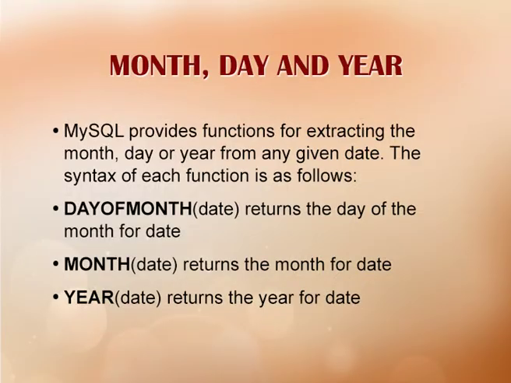In order to extract the month, day and year from the existing values: suppose the date is given in one of the fields, like the date of joining, date of retirement or date of submission. If the date is given in the table as one of the columns, then from that particular date we can extract the day, the month and the year in order to work with more data items.